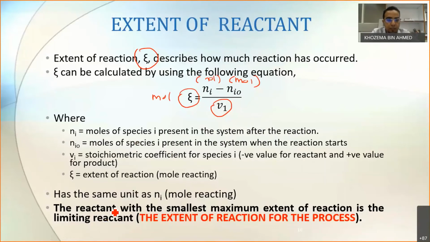Meaning that the reactant with the smallest maximum extent of reaction, where you have 100% completion. When you have done 100% completion, whichever reactant has the smallest value of extent of reaction is your limiting reactant.